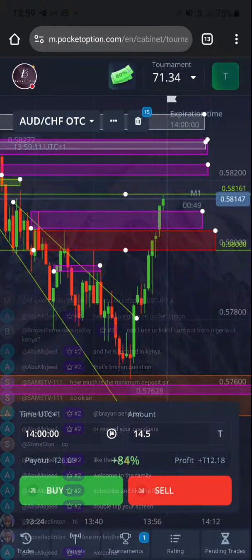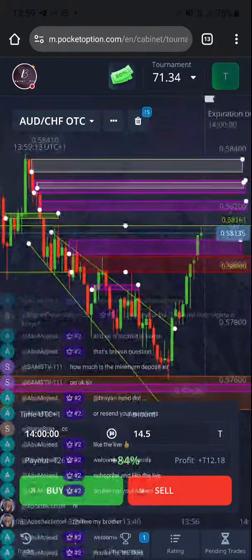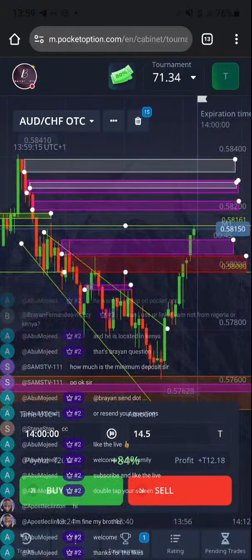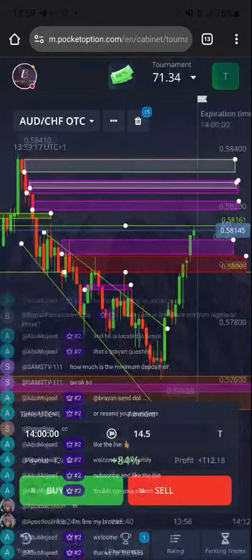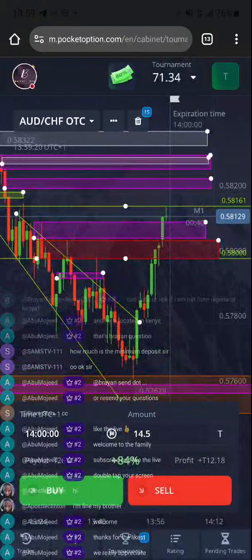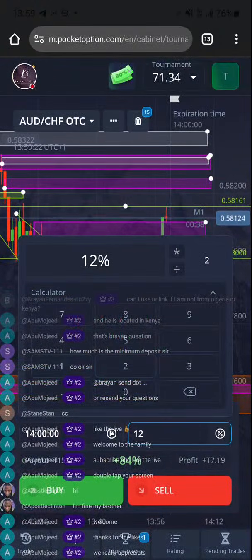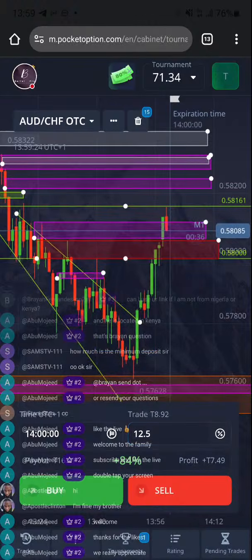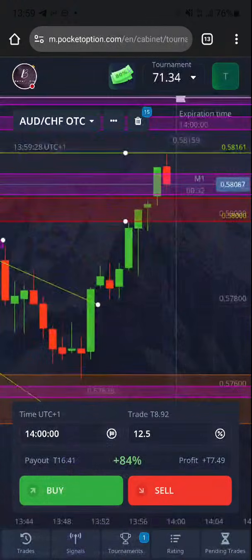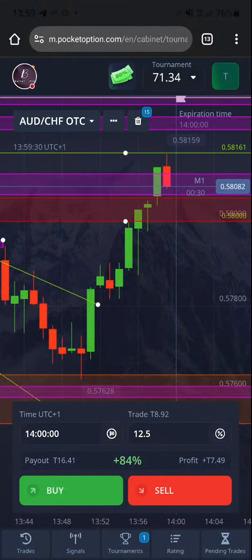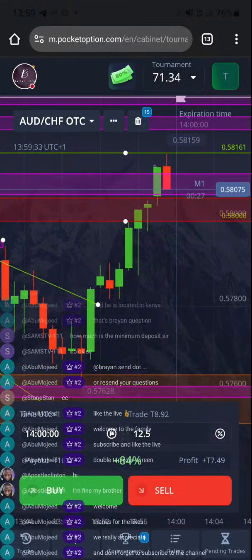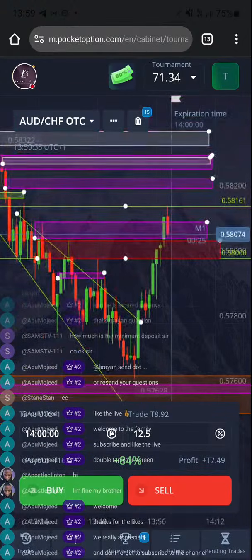The sellers should come in at any time. But I'll wait for this QM and see. I'll go back in with 12.5. All this area is sellers area. All this push to the upside is just a liquidity sweep.